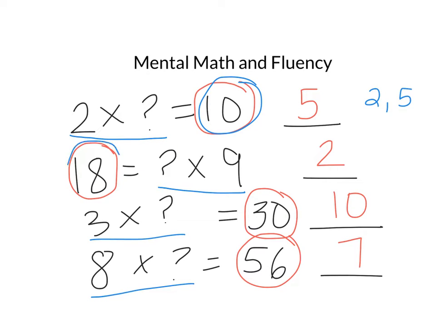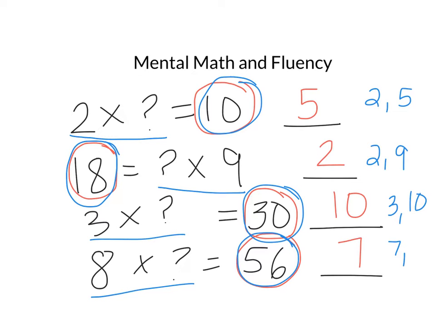The factors of 18 would be 2 and 9. The factors of 30 would be 3 and 10. And the factors of 56 would be 7 and 8. We'll dig a little bit deeper into that, but this is as far as we're going to go right now. For the next problem, you're going to need scratch paper.